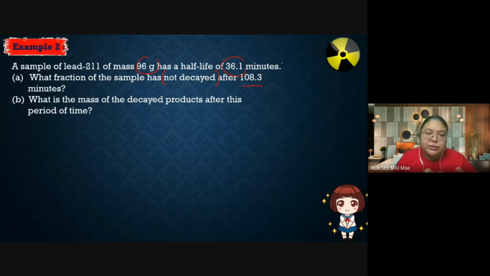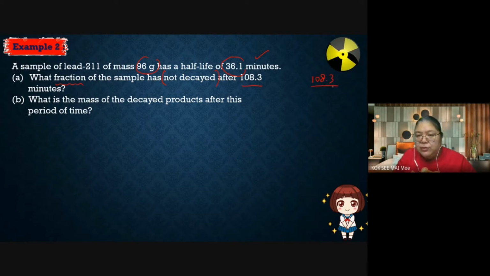Okay, they want a fraction. So I need to know how many half-lives are inside 108.3, because one half-life is 36.1. So I need to divide, is it? I take 108.3 divided by 36.1.